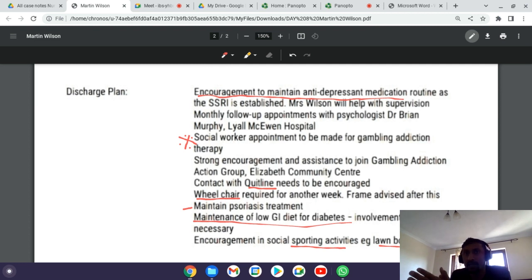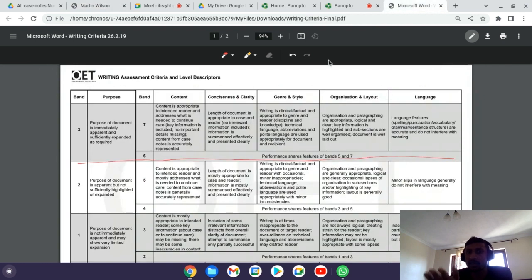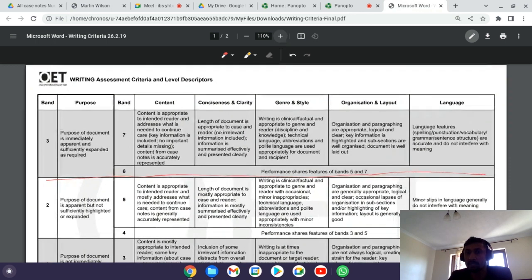So there should be some planning before you write the letter. Another important thing is that you need to organize your letter as well. When you see the writing assessment criteria here, is everybody able to see this one? Okay.